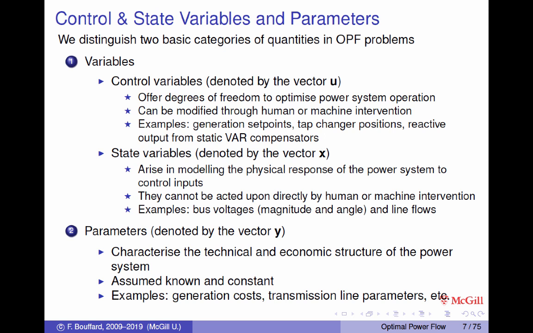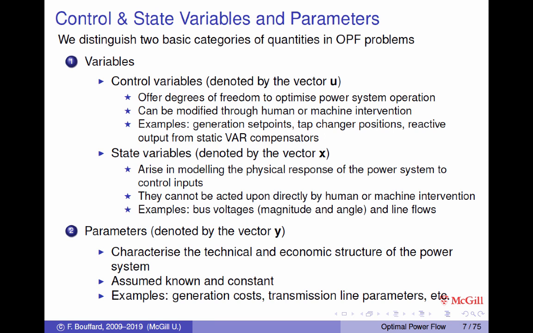State variables arise from the physical model of our power system, and we have no direct control over these. They are effectively byproducts of the implementation of the control variables. Here we're looking at bus voltages, both magnitudes and angles, and line flows as another example.